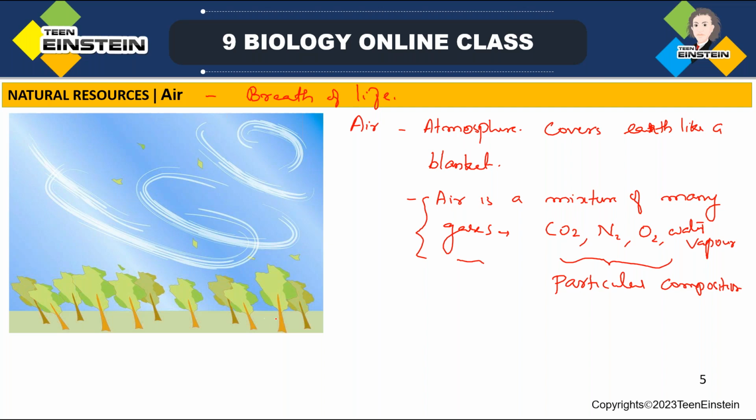Think about other planets like Venus and Mars. No life is known to exist there, right? In other planets, the major component of the atmosphere is found to be carbon dioxide.